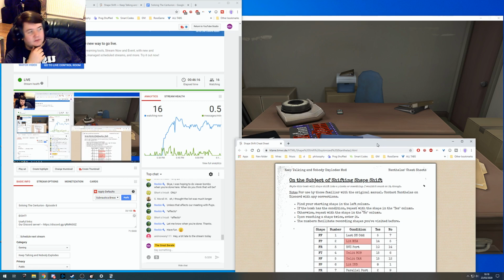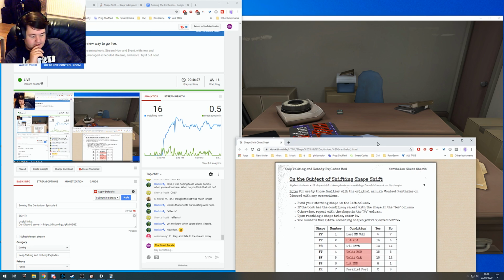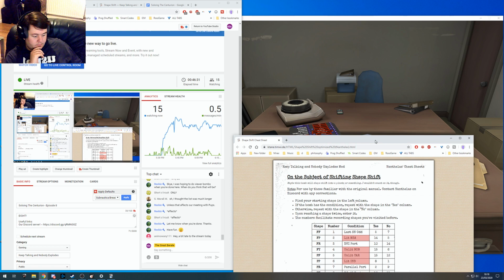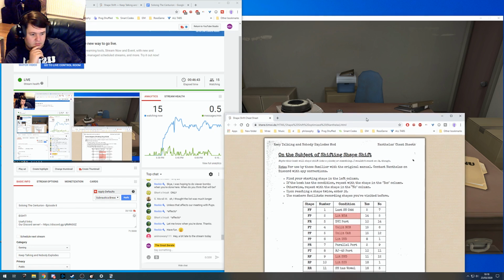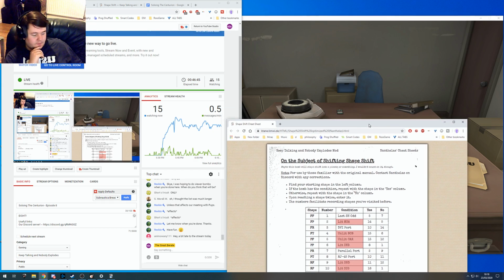And then rule 11 is a vowel in the serial, 16.3. Double A battery present, 13.4. Okay.